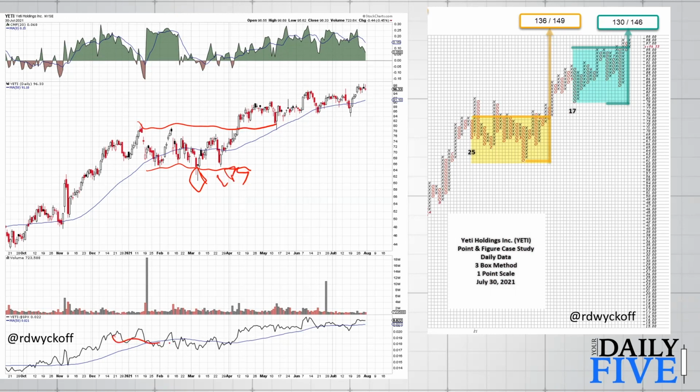Now, here the relative strength is going sideways. At this point right here is when you start to see the relative strength walking uphill. That's confirmation, and it results in prices jumping out and then backing up and testing old resistance, which is now new support.